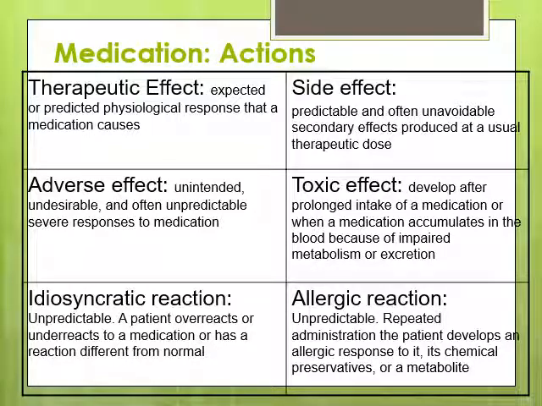The idiosyncratic effect is largely unpredictable, more serious and life-threatening, and related to the way the body responds to the medication. It happens in a small proportion of the population.